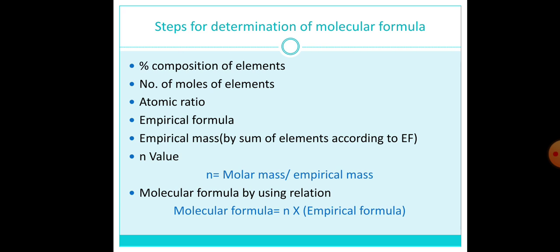After that, calculate the n value, and to calculate the n value, divide the molar mass of the molecule by its empirical mass. When we come to know the n value, then simply multiply the n value with the empirical formula, and the answer would be the molecular formula of the given compound.